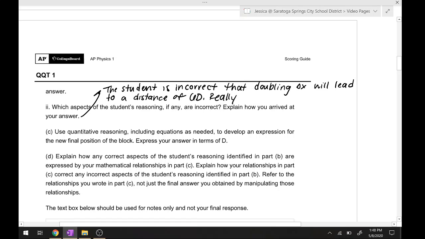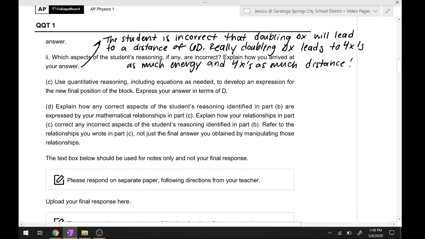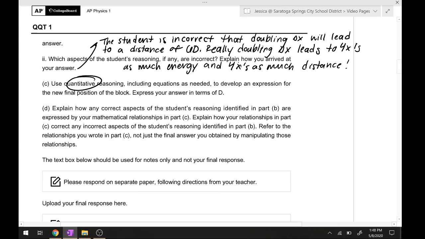Really, doubling delta x leads to 4 times as much energy and 4 times as much distance. Okay. So then we need to use quantitative reasoning, so equations as needed, to develop an expression for the new final position.